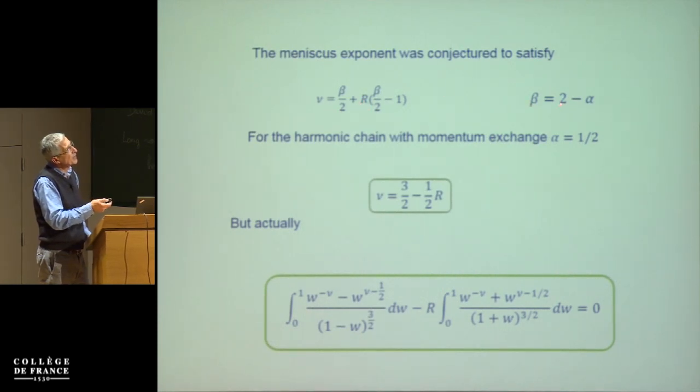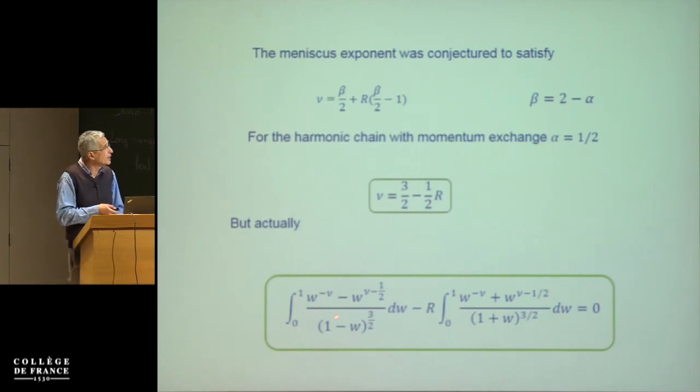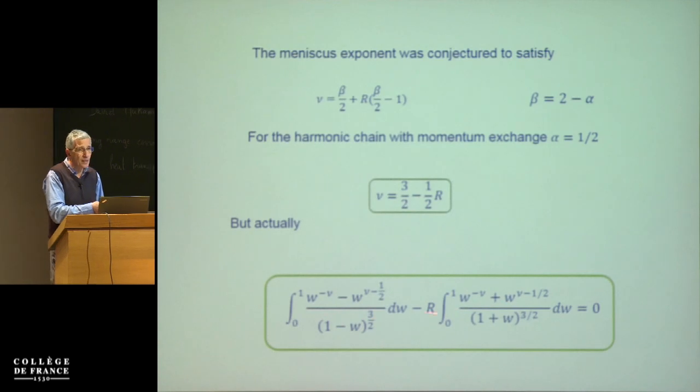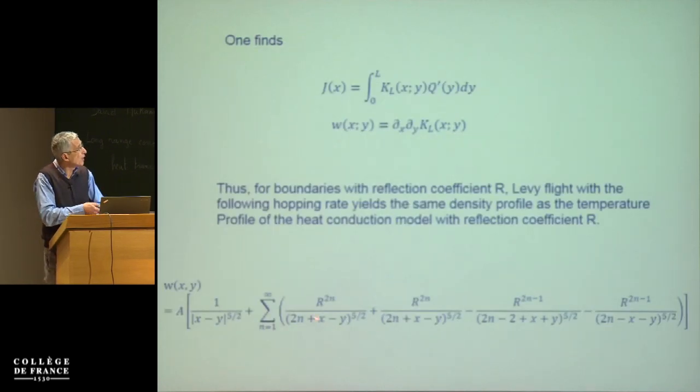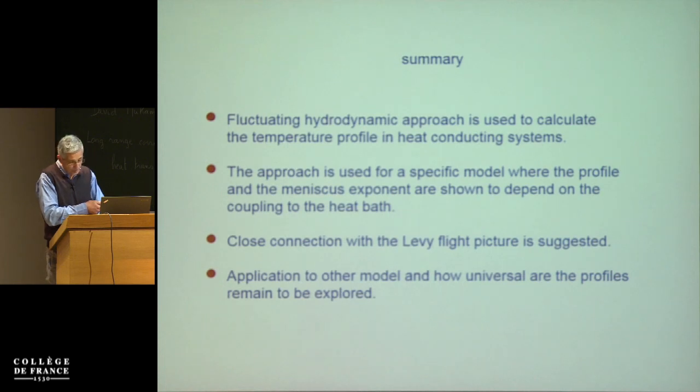The exponent beta is related to the alpha exponent of the heat conductivity. So basically, for alpha equal to 1/2, the relation should be that. Well, it's very close to that, but it's a little bit different. The relation is a little bit more complicated if you take into account the real kernel that has to do with the reflection coefficient.